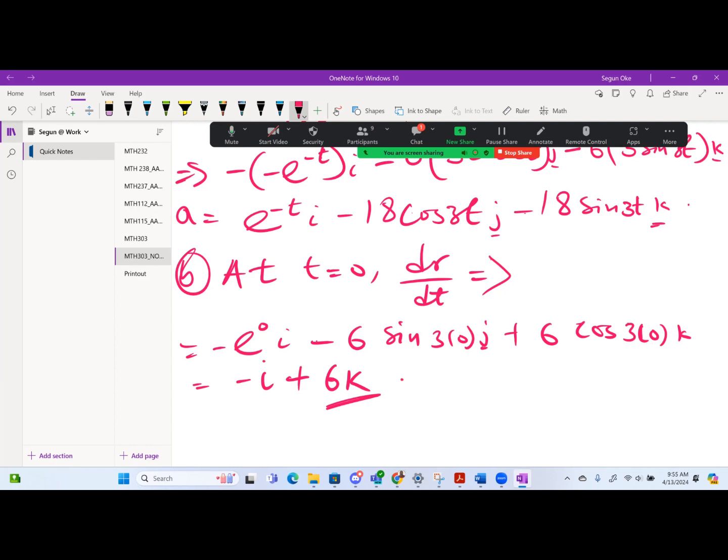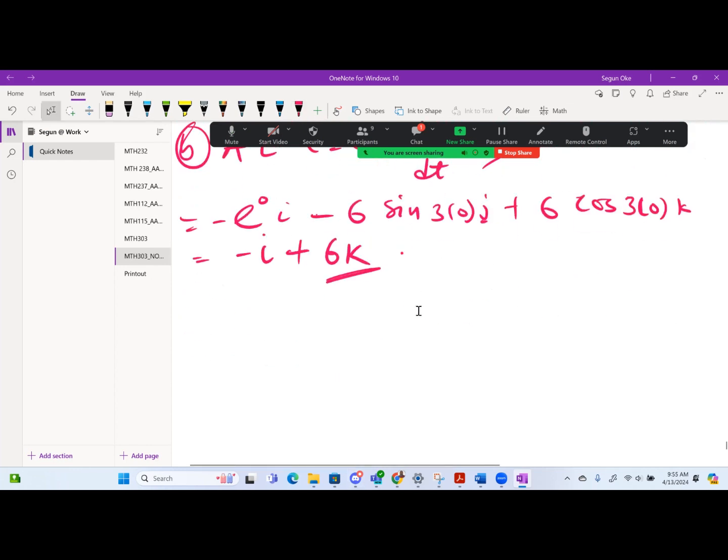So you do the same thing for the second one at t equals to 0. Yes, go ahead. Please, I'm lost.